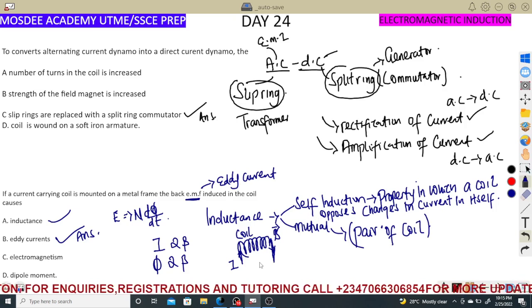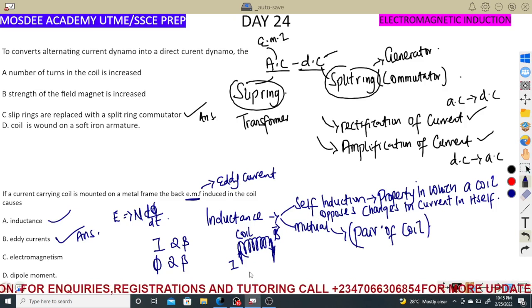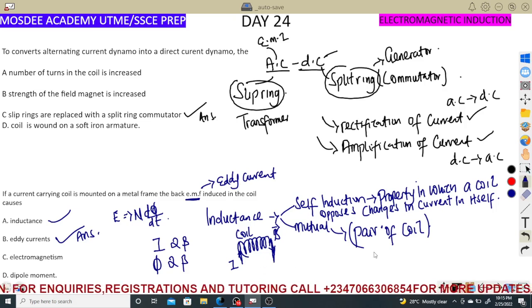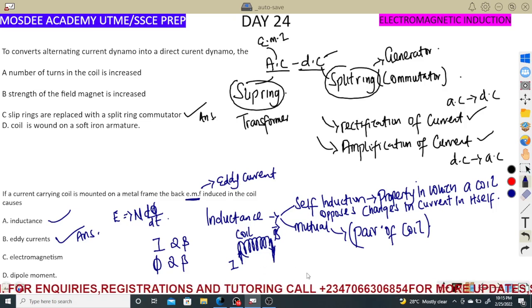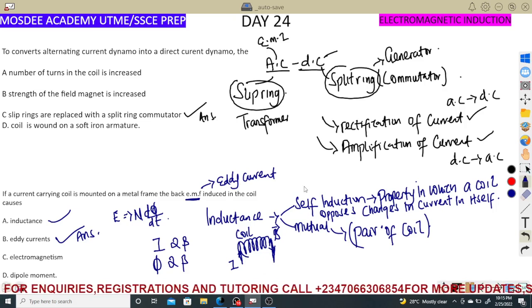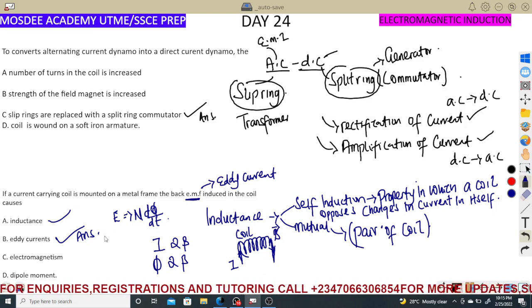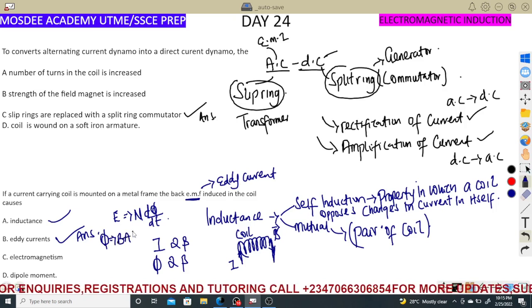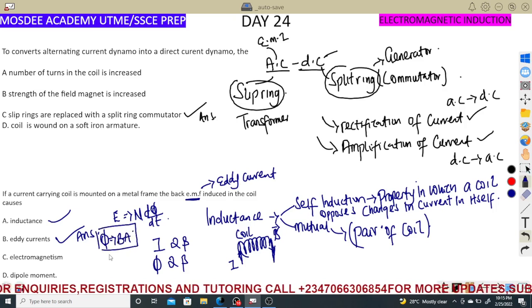For self-inductance, that means there is no change in current. Current is constant. So when we talk about current being constant, we're talking about a straight wire. I don't want to go beyond O level. Now, we've talked about magnetic flux being equal to B times A. This is the popular formula under magnetic field.